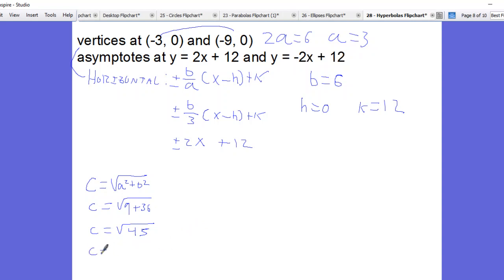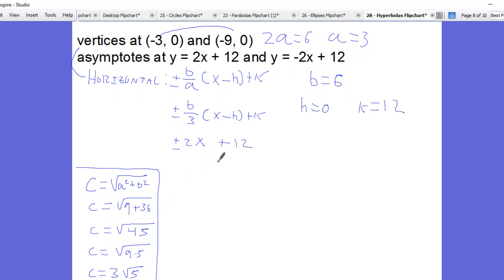That c is going to be equal to the square root of 9 times 5. The square root of 9 is 3, so c is equal to 3 root 5. So that's what c is equal to.